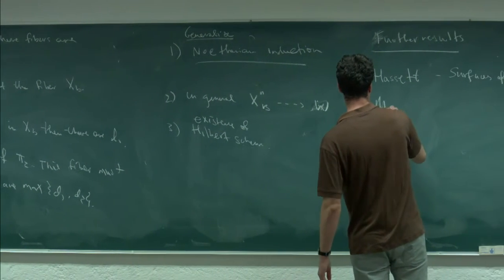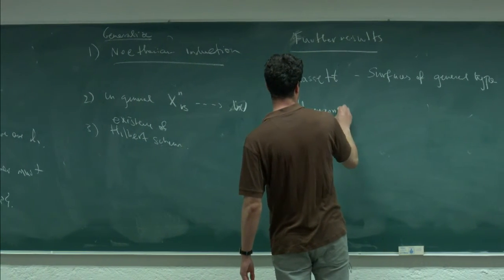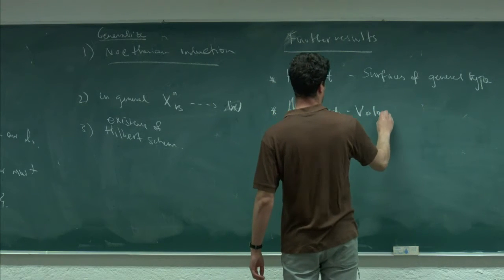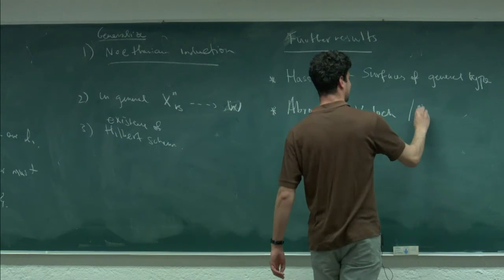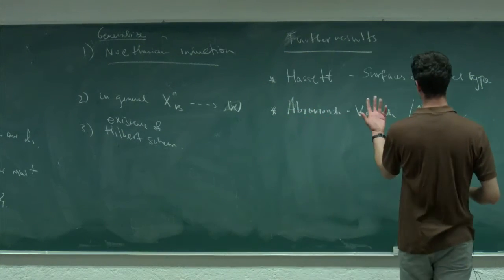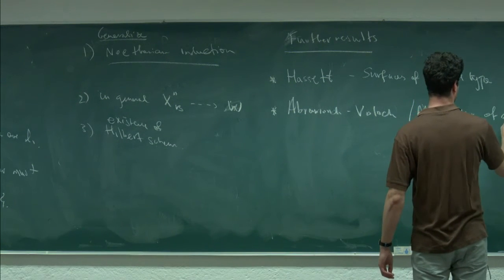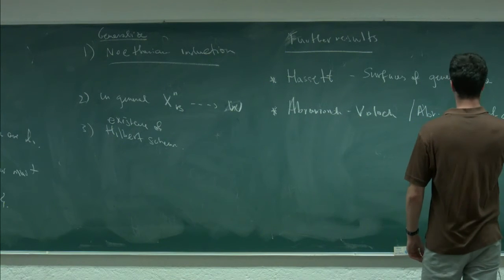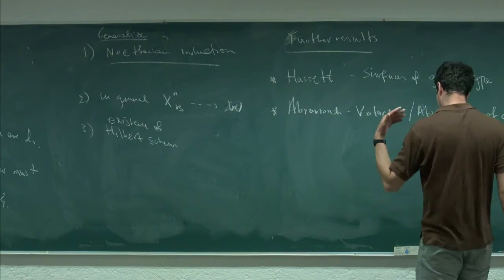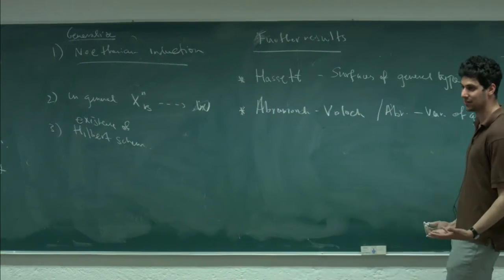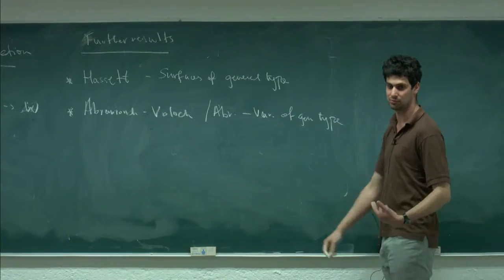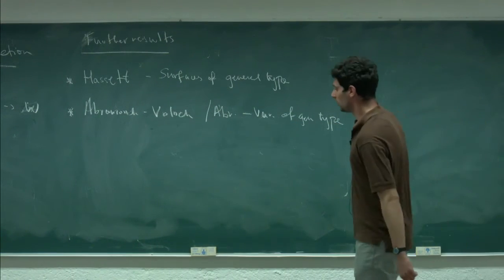And then Abramovich and Voloch, in two papers, proved this theorem for all positive dimensional varieties of general type. Abramovich-Voloch proved that uniformity is true, assuming there exists a fiber power theorem, and then Abramovich actually proves the fiber power theorem.